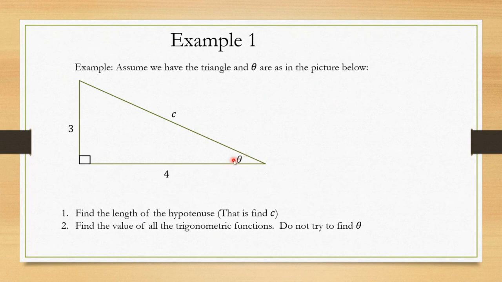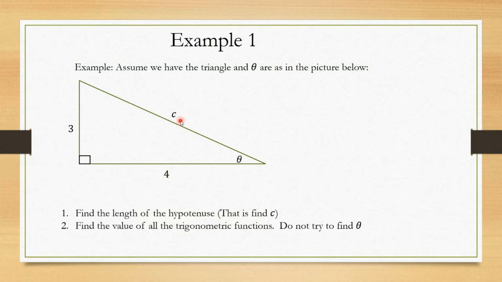First, we're going to find the length of c, the hypotenuse. And then we're going to get the trig functions at theta. Once we get all the side lengths, we can easily get the trig functions at theta.